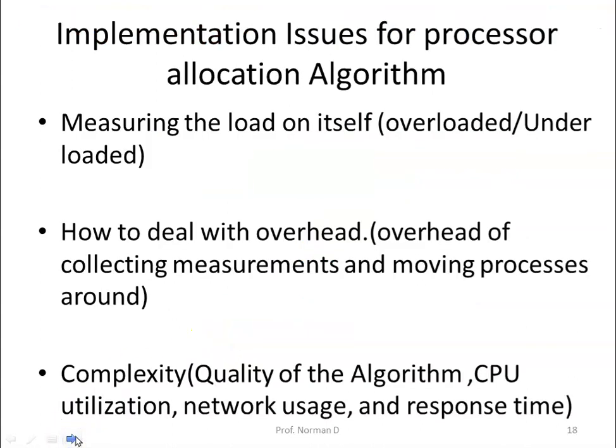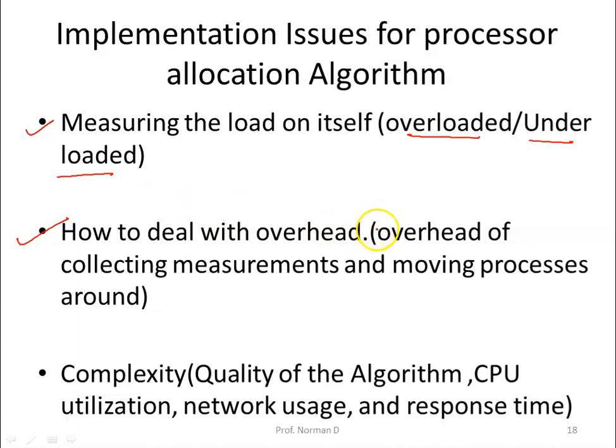Now we'll discuss in brief the implementation issues with respect to processor allocation algorithms. When we discuss the implementation issues, we need to take care of measuring the load on the system itself, whether the system is overloaded or underloaded. The second issue is how to deal with the overhead.